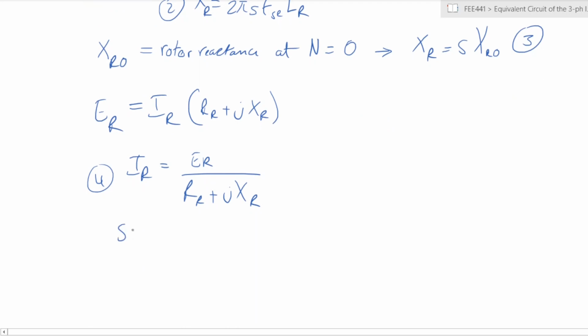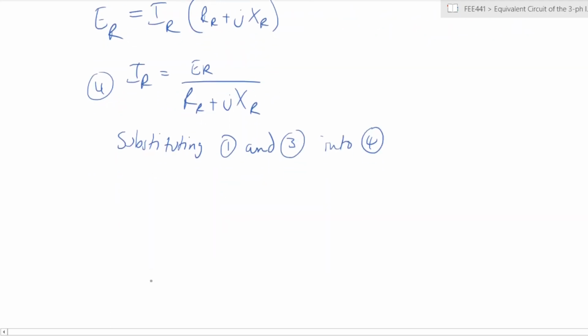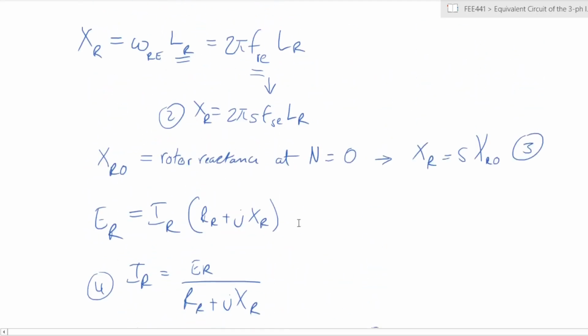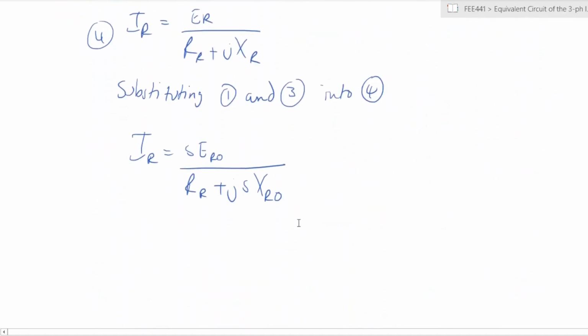So substituting, that gives us IR equals SER0 over RR plus jSXR0. These are characteristics that we have already known about.